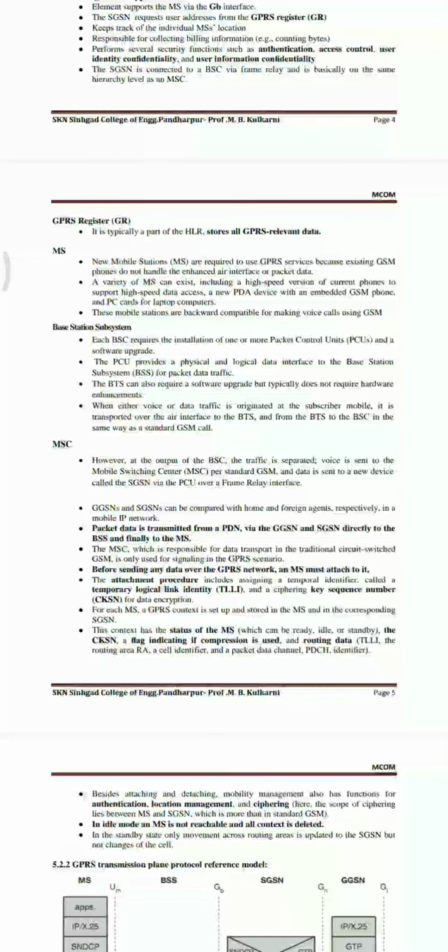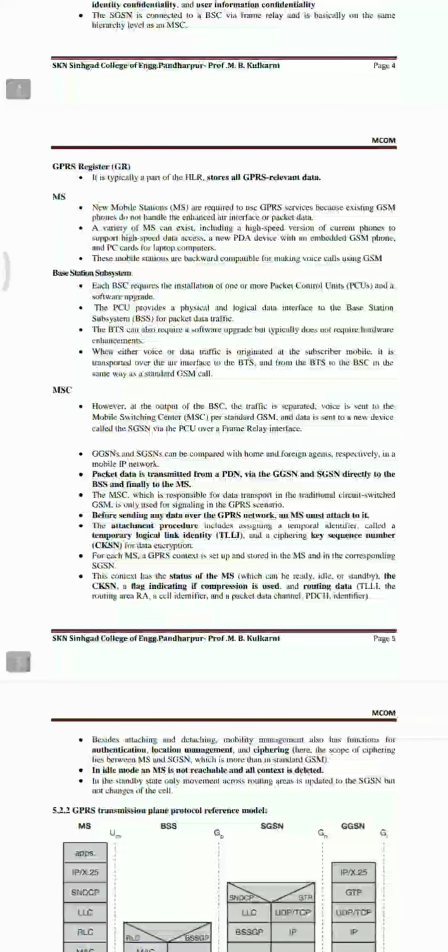For each mobile station, a GPRS context is set up and stored in the mobile station and the corresponding SGSN after this attachment procedure. The context has the status of the mobile station, which can be of three different states: ready, idle, or standby.